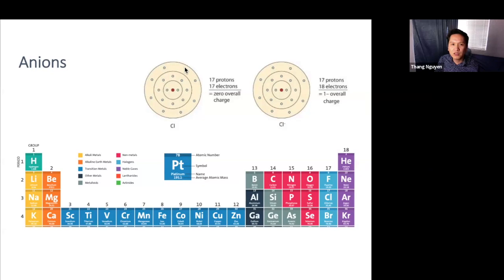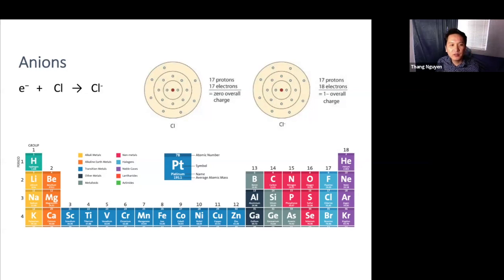So it needs 1 more to be happy, right? Rather than losing 7, it can gain 1. And so it does so to become argon. So it has 8 electrons on its outermost shell. Now notice when we do that, it is no longer neutral because it has an extra electron, 18 electrons. So overall it has a -1 charge, so we write it as Cl-.